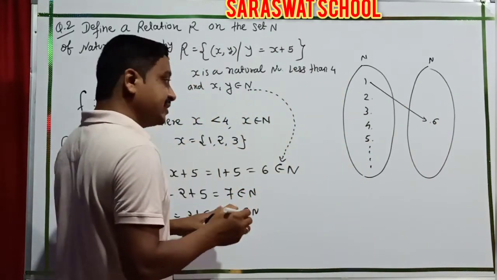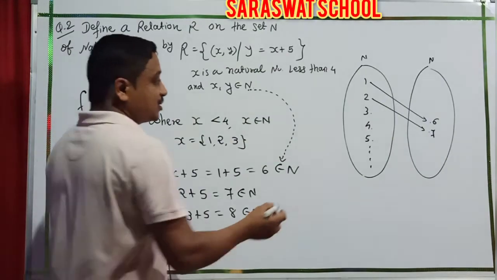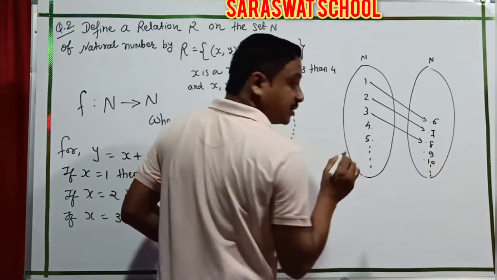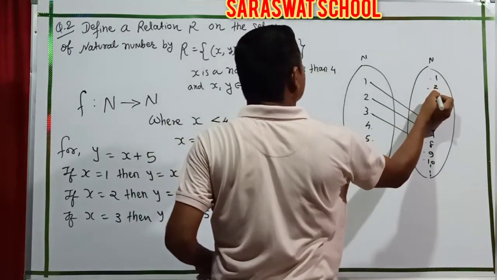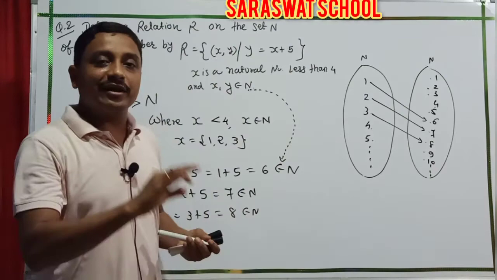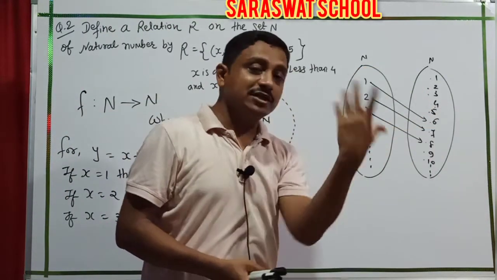Next, putting 2 gives 7, so 2 to 7. And putting 3 gives 8, so students, 3 to 8. Other numbers are available here too, 1, 2, 3, 4, 5, but the relation exists only for 1, 2, 3 to 6, 7, 8.